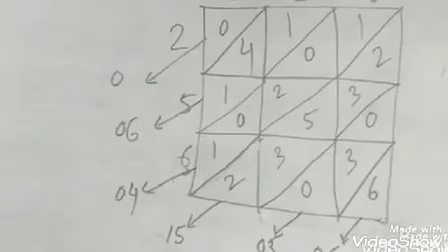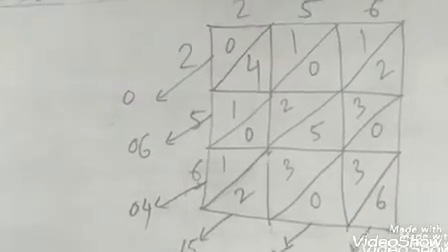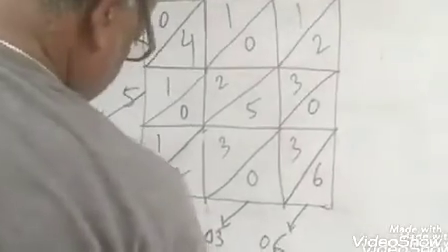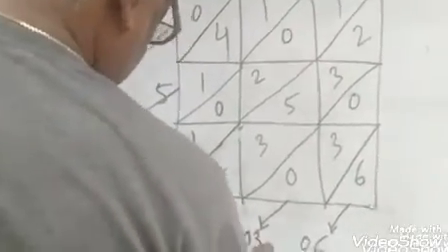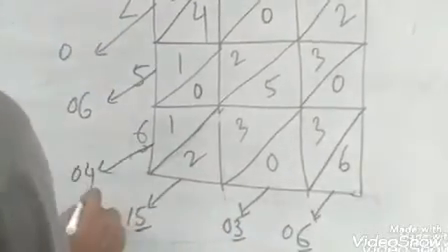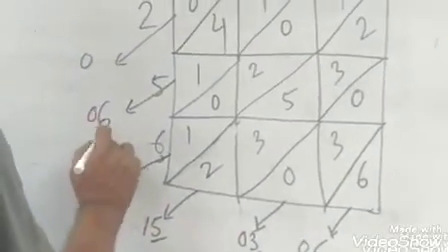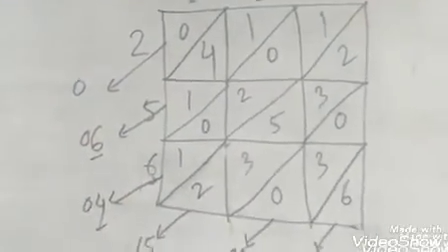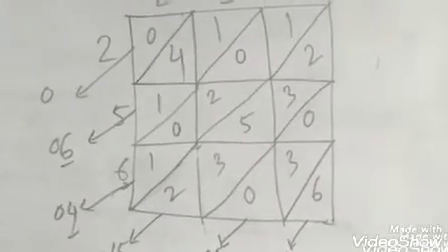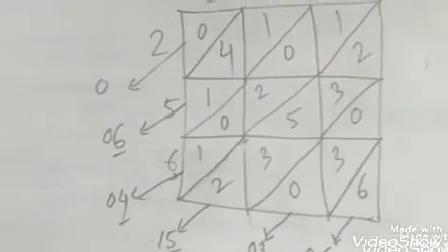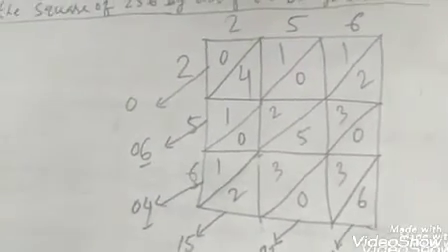If the sum is a 2-digit number, underline the unit digit. The unit digits are 6, 3, 5, 4, 6. And carry over the tens digit to the next diagonal.